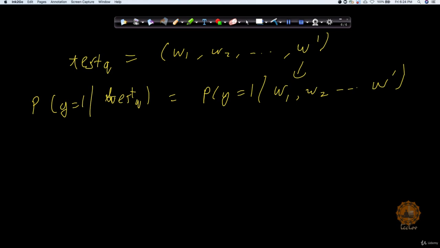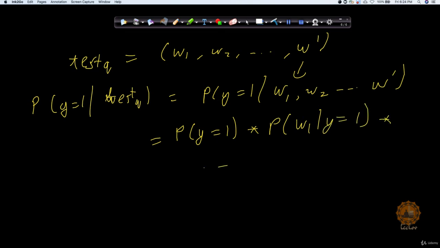If I break down this probability as per Bayes theorem, it's going to break down something like this: probability of w1 given y equal to 1, this is going to come from the training set, and it's going to go on, but in the last I will have probability of w dash given y is equal to 1.